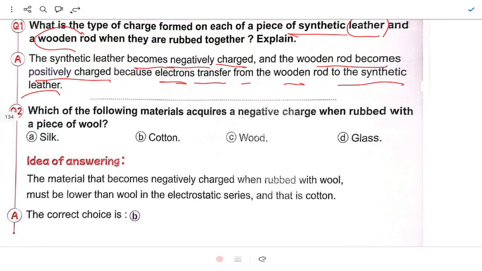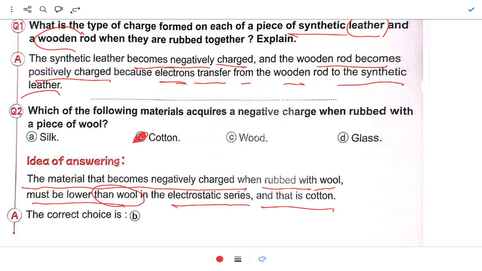The material that becomes negatively charged when rubbed with wool must be lower than wool in the electrostatic series, and cotton is lower than the wool.